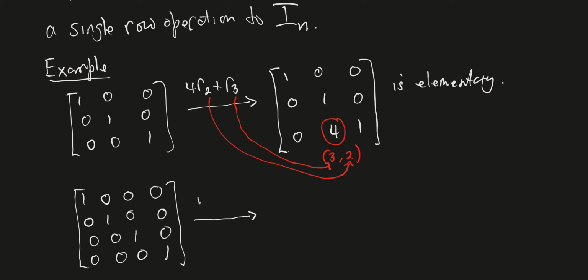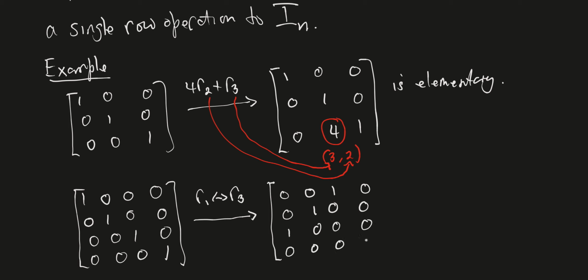So if I swap row 1 and row 3, let's see if we can observe any kind of pattern about this operation used to perform, again, an elementary matrix. So row 3 is now going to be up here, so we'll have the 0, 0, 1, 0, and then row 1 is now going to be here, and then of course row 4 stays the same. Right?